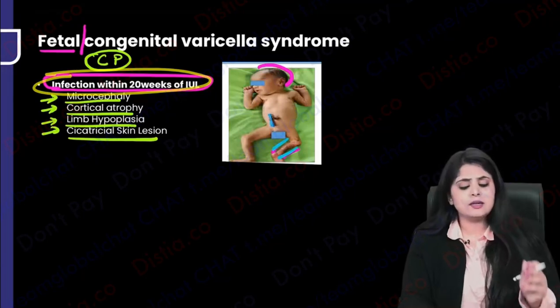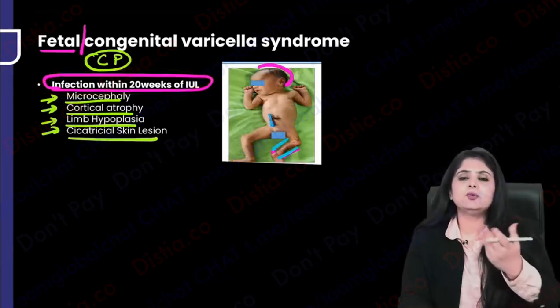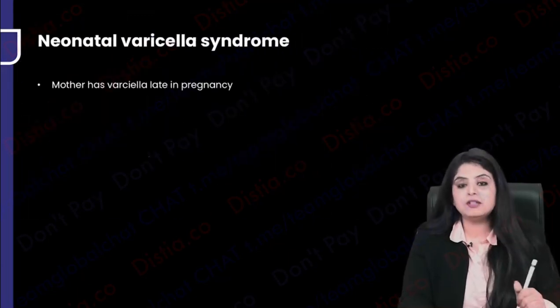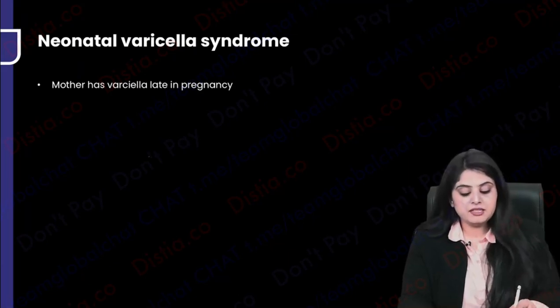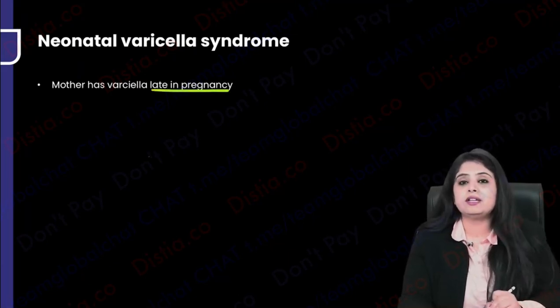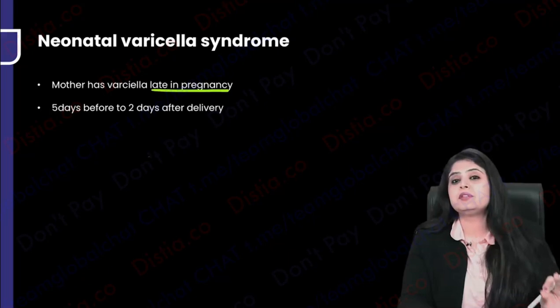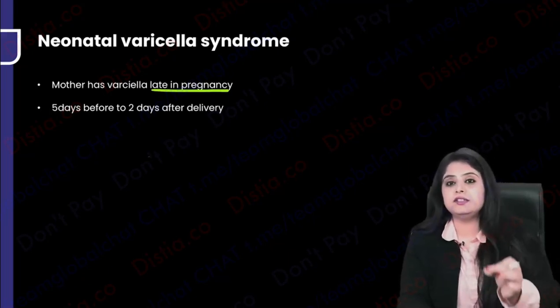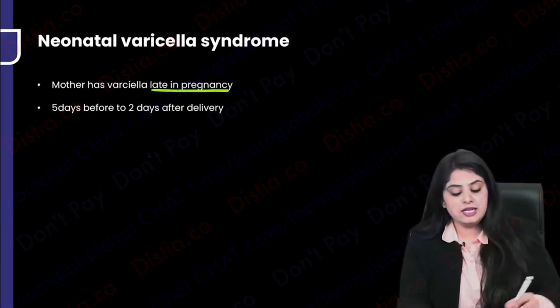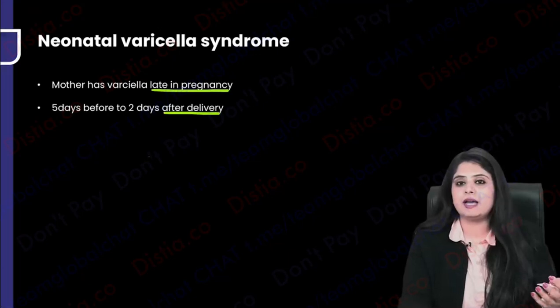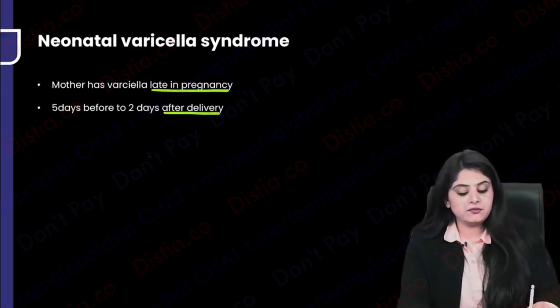But say that, ma'am, in the first and the second trimester, the mother did not have chickenpox. The mother has ended up having the disease later on in her pregnancy. If the mother has ended up having the disease later on in the pregnancy, then what is going to be the situation? Please note that maximum risk of her transferring the disease or this condition to the child is going to be somewhere around delivery, because that is when the maximum contact happens between mother and child, right? So 5 days before to 2 days after delivery.